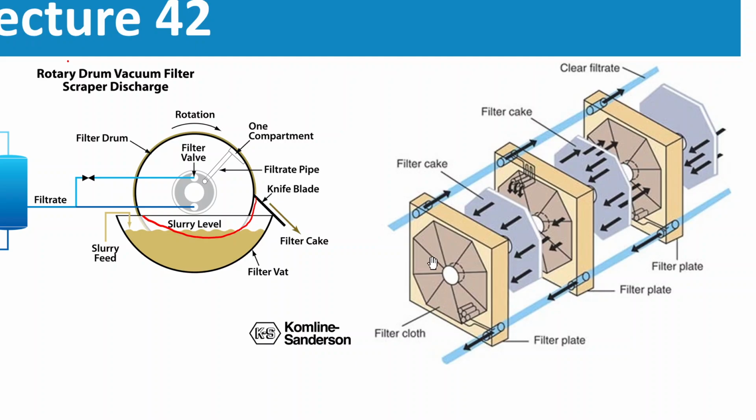Next is the plate and frame filter. Depending on the name, there are filters which are supported by these types of plates. Here you see the direction of flow for the sludge. As the sludge travels in this direction, the solid cake will not be able to travel, and water will be able to pass through.